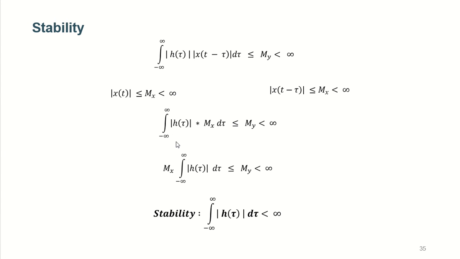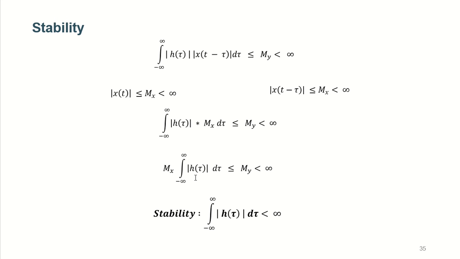We took minus infinity to infinity h of tau multiplied by mx, d tau, less than or equal to my, less than infinity. Now mx is a constant value, so we took it out of the integral, and we are left with mx times the integral from minus infinity to infinity of h of tau d tau, less than infinity. This is pretty much the condition for the system to be a stable system.